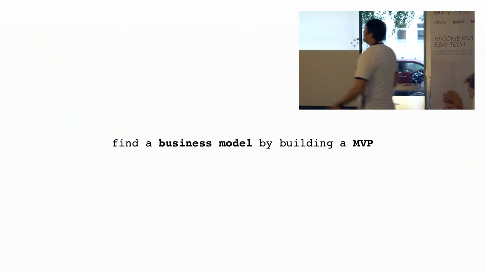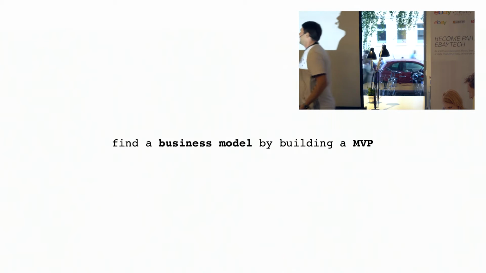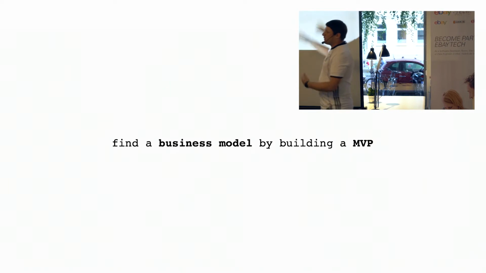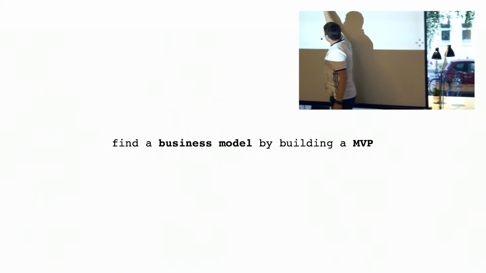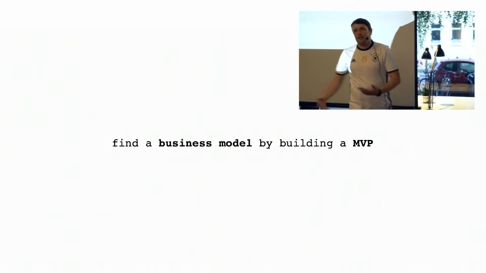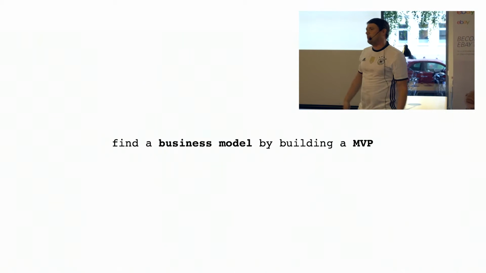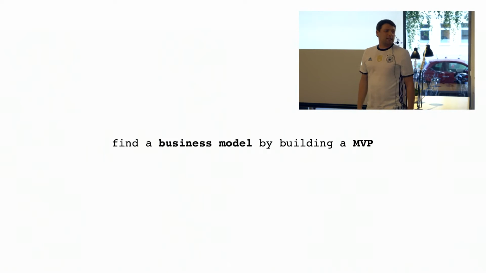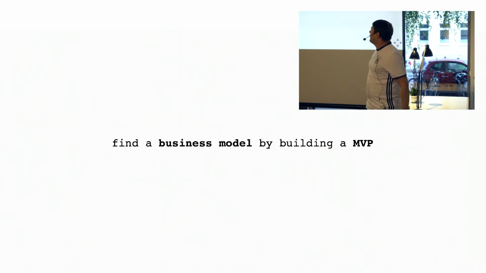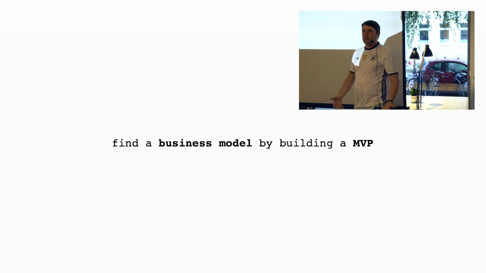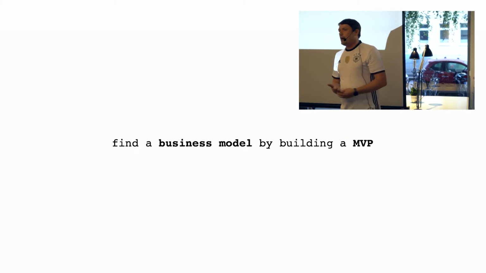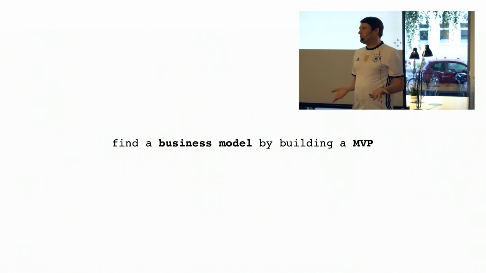So the conclusion of the whole lean startup thing is something like: find a business model by building an MVP. So this is what we have seen above. The value of the lean startup is basically to find a business model. Well, basically a working business model, not just any kind of business model, but a business model for the investors, for example, who want to make money with this stuff. And you're trying to reduce waste by building an MVP. So, who knows what an MVP is?